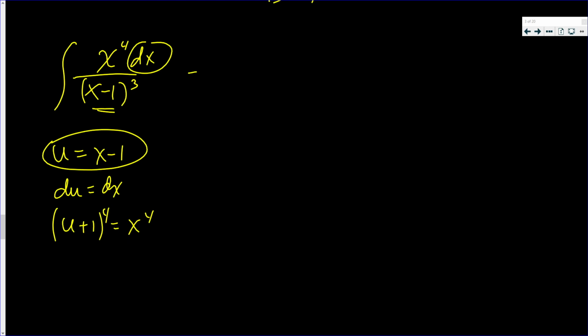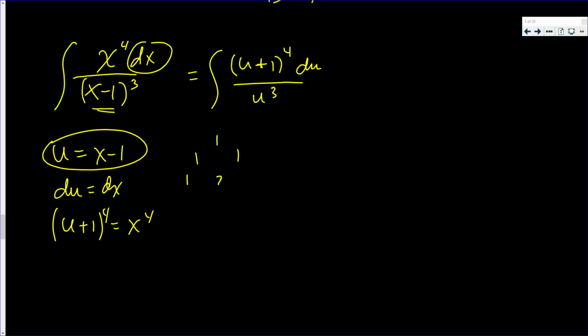So what you have is x to the fourth, which is u plus 1 to the fourth. Dx is du, and the bottom is u cubed.